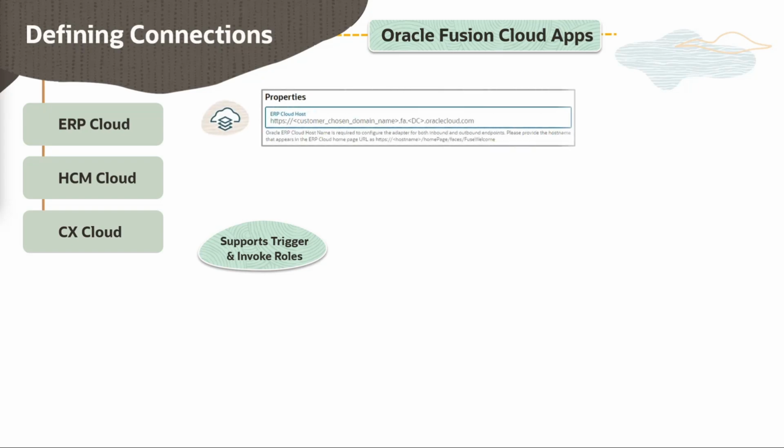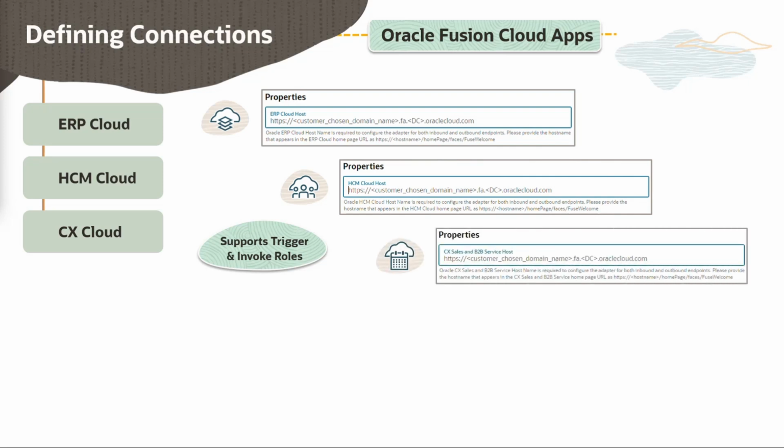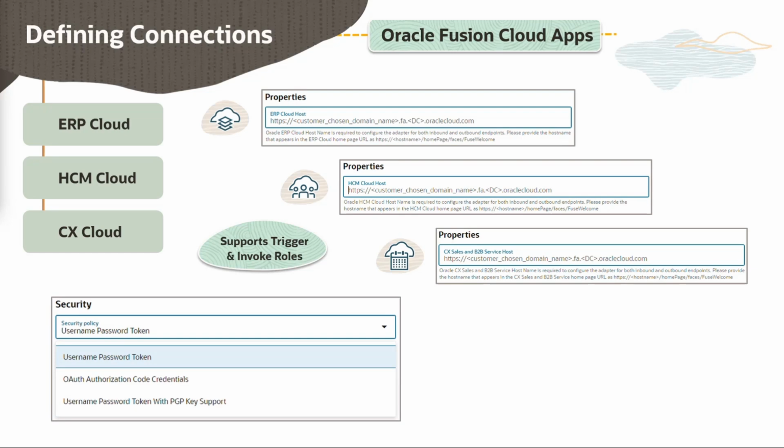The connection property is simply the host name URL for your application instance, and for security, you indicate the desired policy. One option is to use OAuth authorization code credentials, assuming someone has completed those prerequisites defined in the adapter documentation, or simply provide a valid username and password.